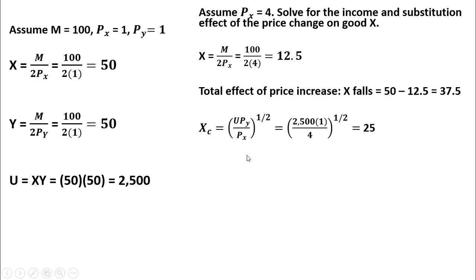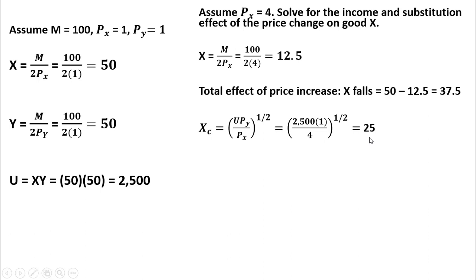To get the substitution effect, we are going to take our compensated demand that we found, and we are going to hold utility or real income constant at 2,500 and just see the effect of a price increase. So evaluating this compensated demand at U equals 2,500, price of good Y at 1, and the price of good X now at $4, the consumer would buy 25 units.